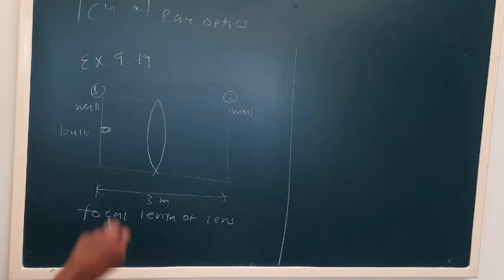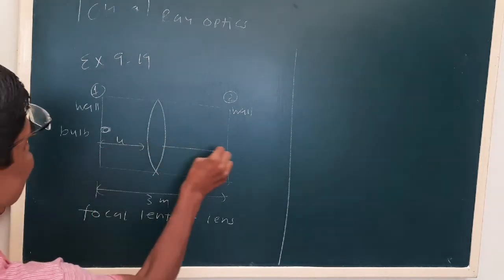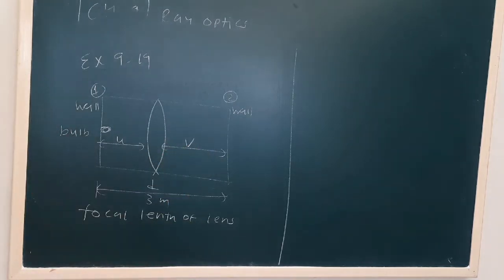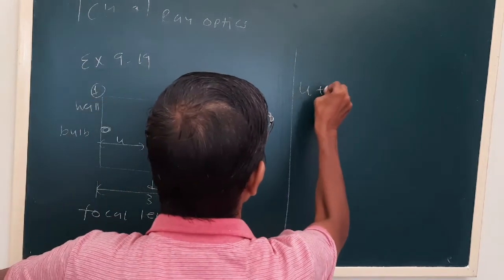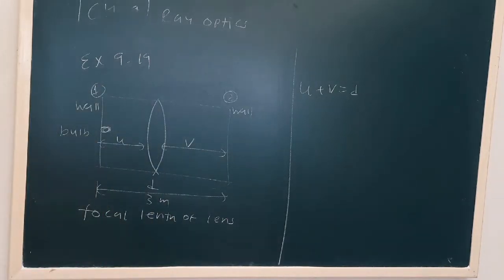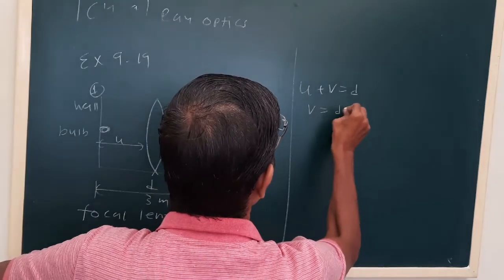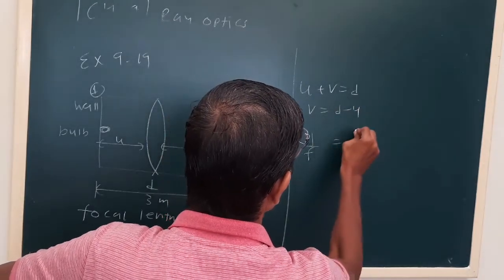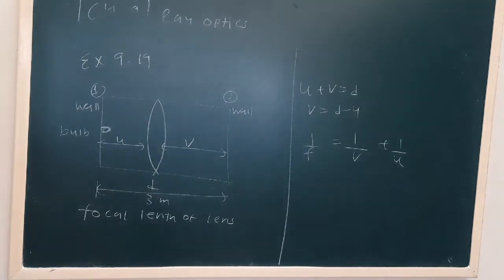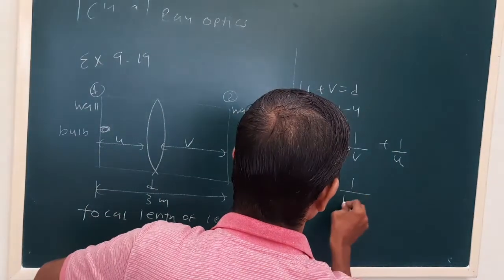Now let us say this is the object distance, this is the image distance, and d is the distance. So u plus v is d, so v will be d minus u. Now see our formula, 1 upon v plus 1 upon u. Now v is d minus u.